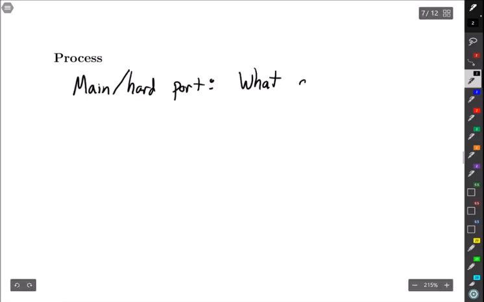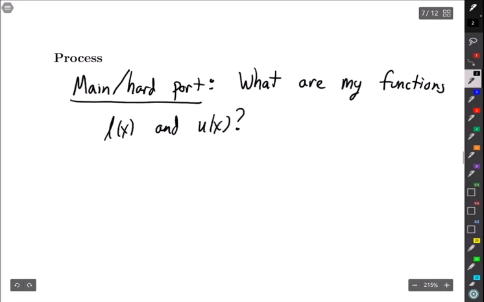The idea of this and the hard part of it is always figuring out what are my functions L and U going to be. The rest of it's sort of given to you in the problem statement, right? You're given F and you're given C. The question is then, what are my L and U supposed to be?